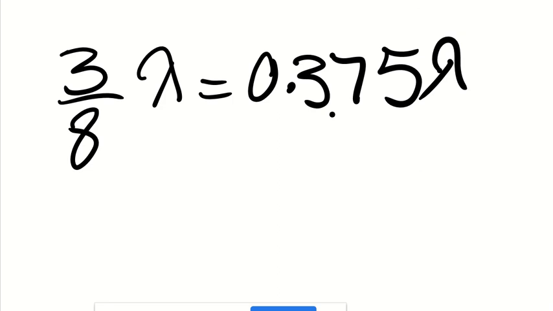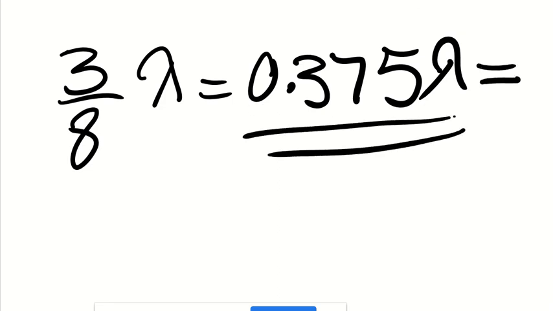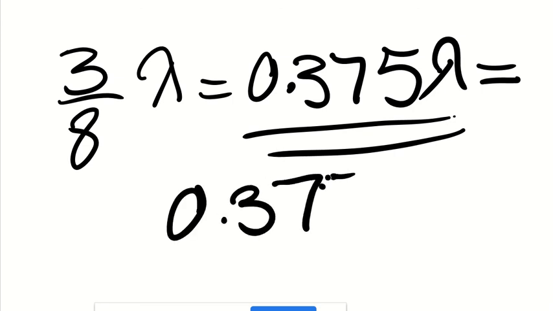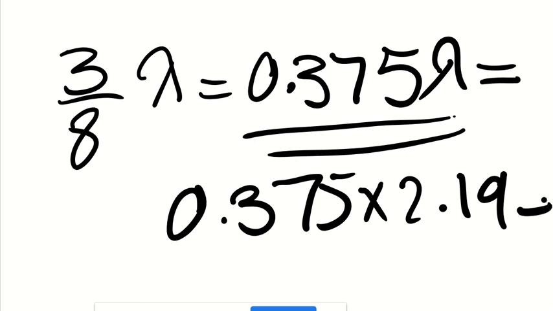This transmission line with this length, and lambda was what? It was 2.19 feet. It gives you a number, and that would be the physical length of your transmission line.